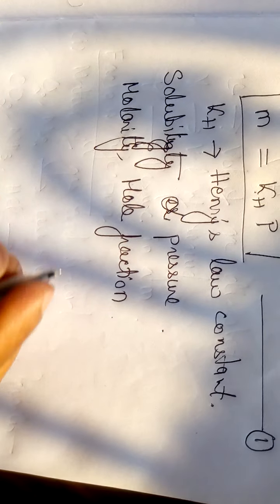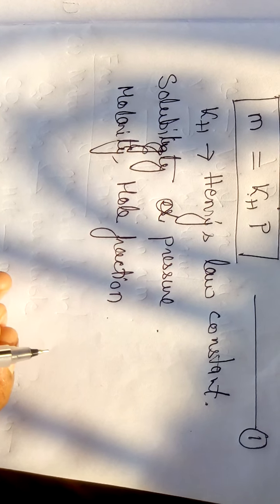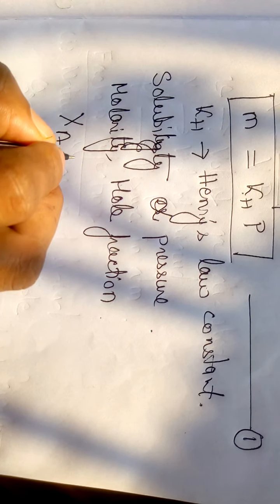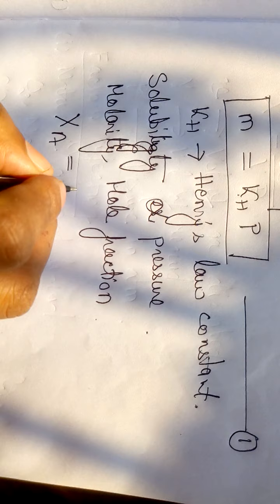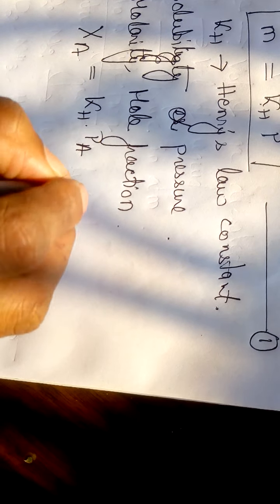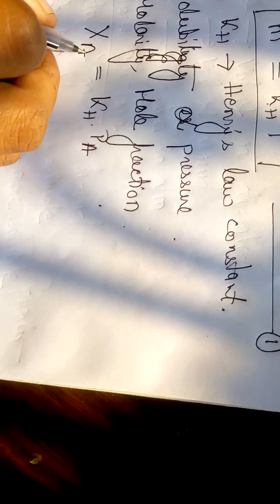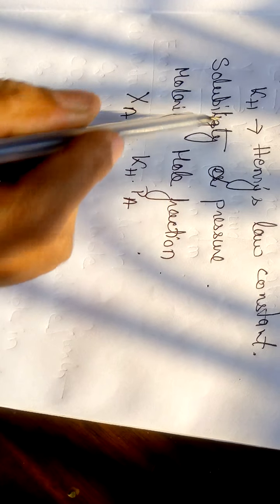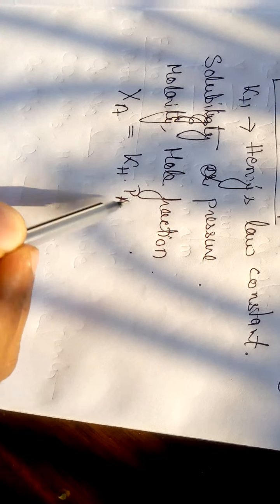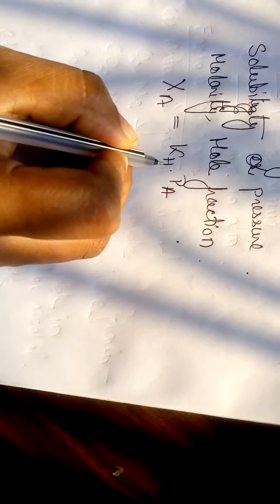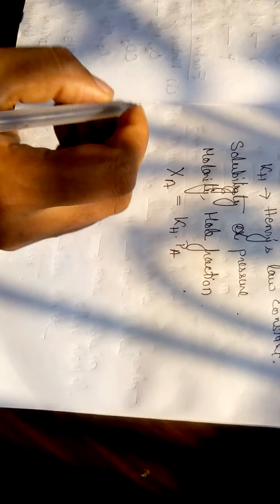So we can also give Henry's law as the mole fraction is equal to Kh into P, where the mole fraction is expressing solubility, and pressure Pa are directly related to each other, and Kh is the Henry's law constant.